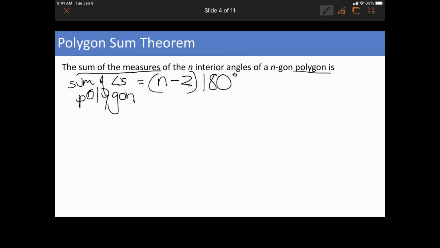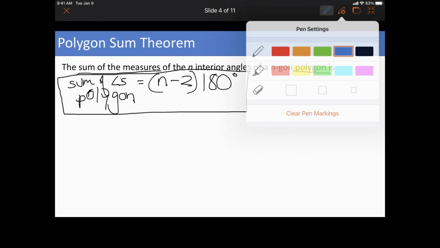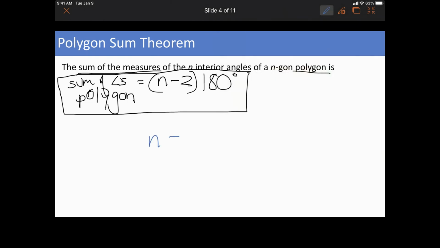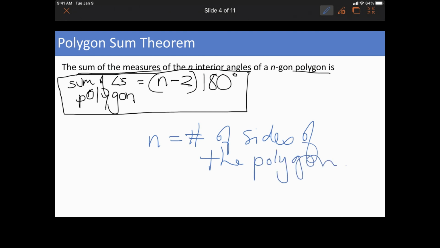Always remember what your equations are for, so you don't mix them up in your head. Remember n represents the number of sides of your polygon. It's also important to know what your variables represent, so you're putting in the right thing.